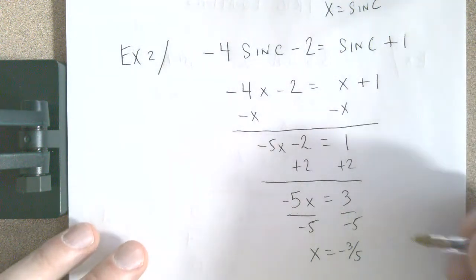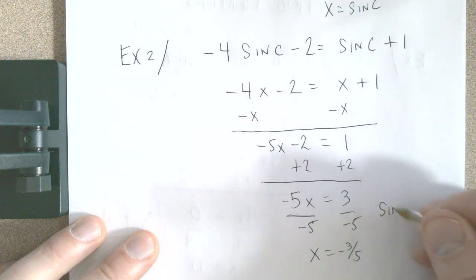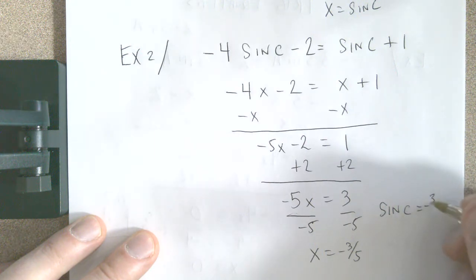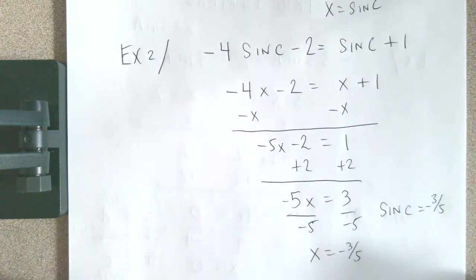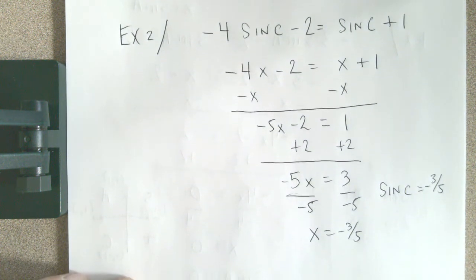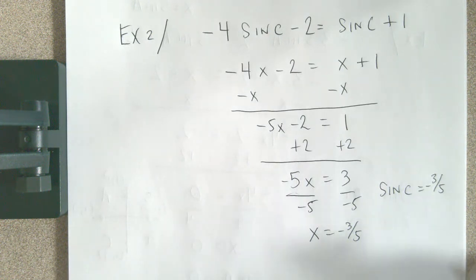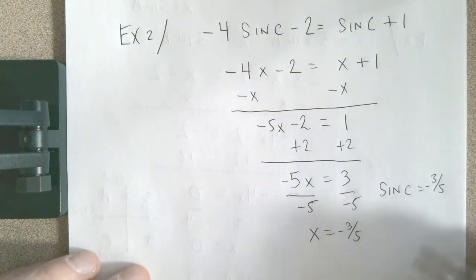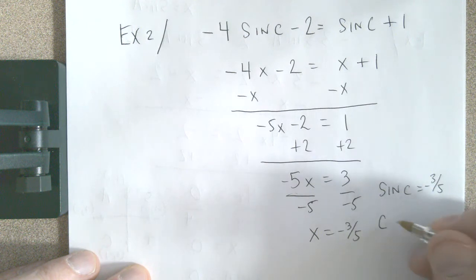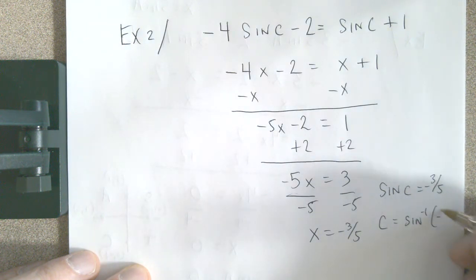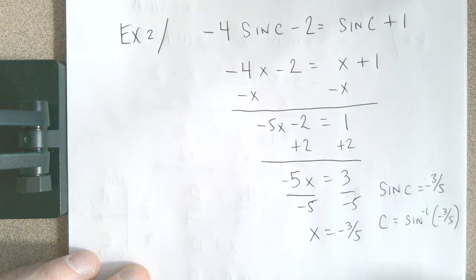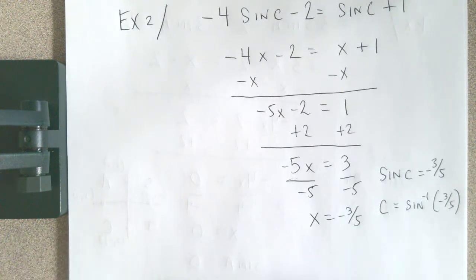So if I sub my sine back in, basically I've got the sine of C equals negative 3/5. So again, here's where your calculator comes into play. We're going to solve for C. So C is equal to the inverse sine of negative 3/5.